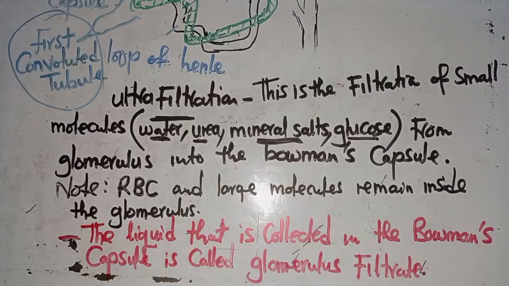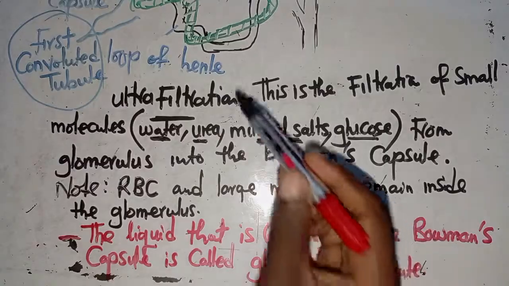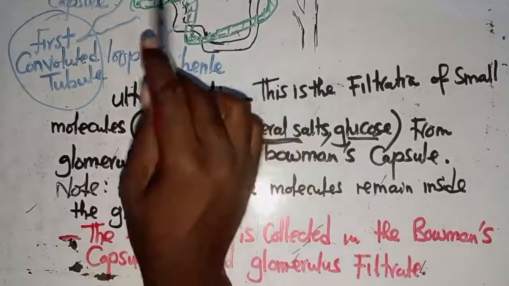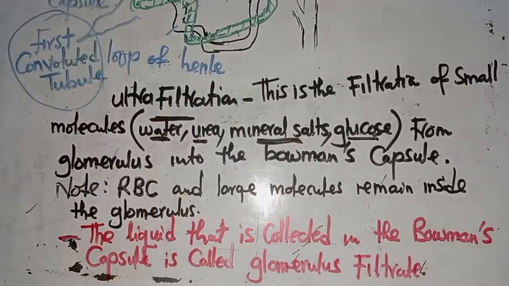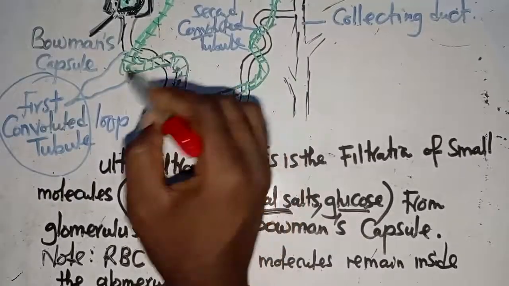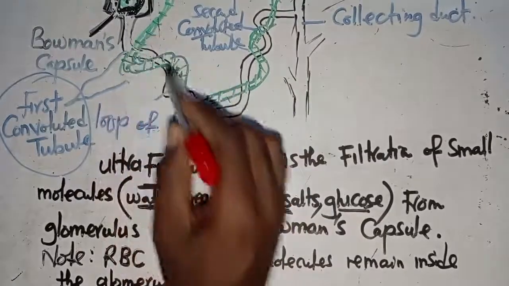So the glomerulus filtrate is drained from the Bowman's capsule by the renal tubule. When we say the renal tubule, these are the ones that are here. This part that is here is called the tubule.